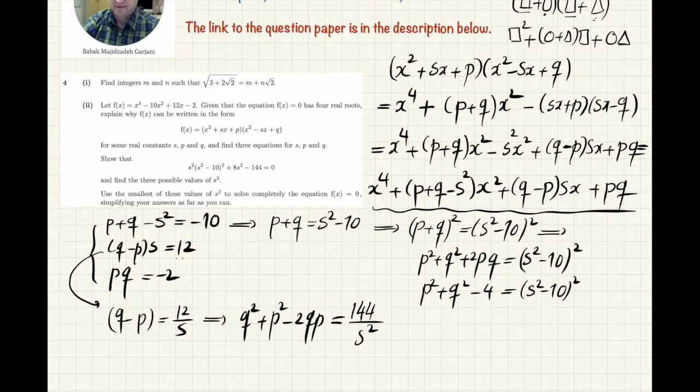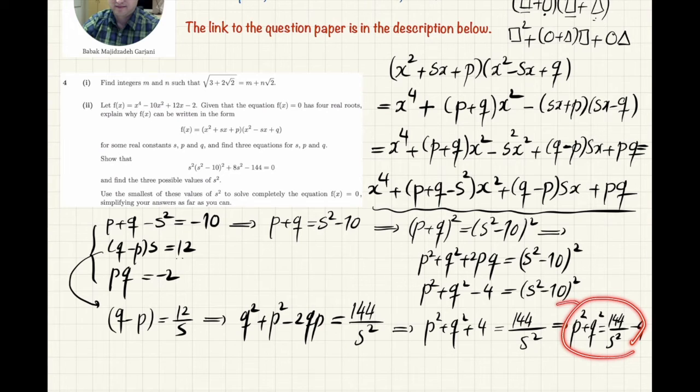What I get is p squared plus q squared plus 4 is equal to 144 divided by s squared. So this means that p squared plus q squared that I am looking for is 144 over s squared minus 4.